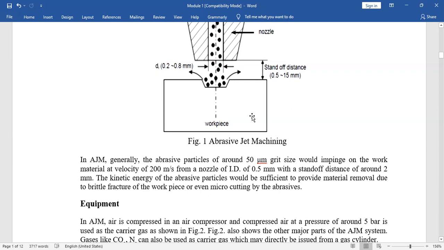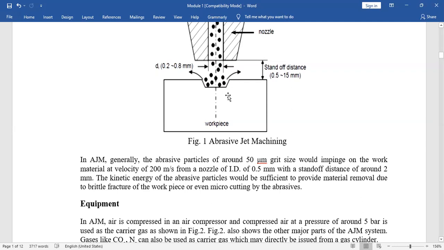So what happens when the abrasive falls on the surface? The sharp edges go inside the workpiece and a small cut is made. This is known as micro cutting. It is like a knife: when we cut something with a knife, the knife penetrates into the material.